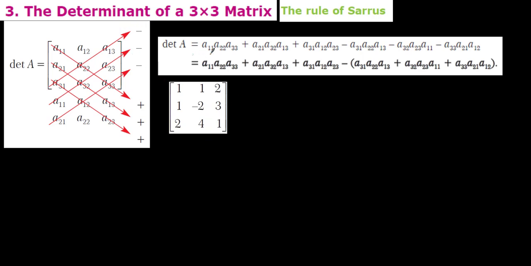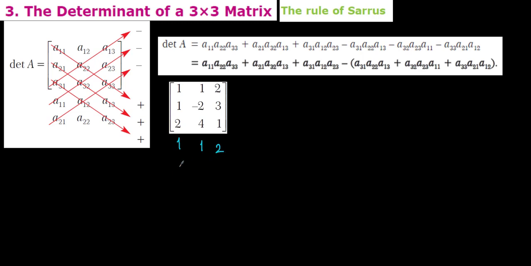Here is the short formula with letters. Now I want to solve this question to explain it. To find the determinant of this matrix, we rewrite the first 2 rows again.